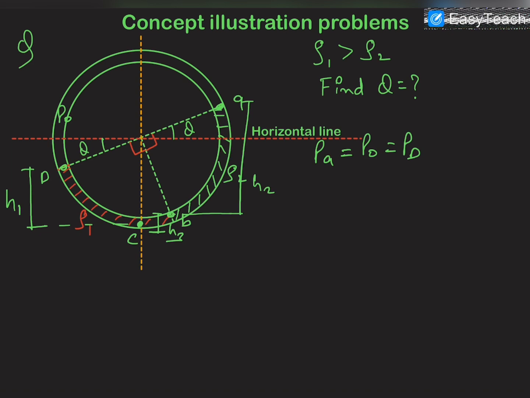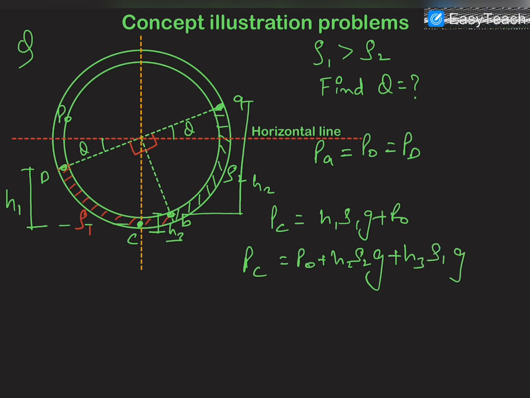What you will do is write down the pressure at C as h1 rho 1 g plus P0, which is the pressure at D, and you will write down the pressure at C from this side, and it would be, first of all P0 plus h2 rho 2 g plus h3 rho 1 g, since this is the liquid rho 1. h3, h2 and h1 can be calculated by angles, assuming the radius to be r.